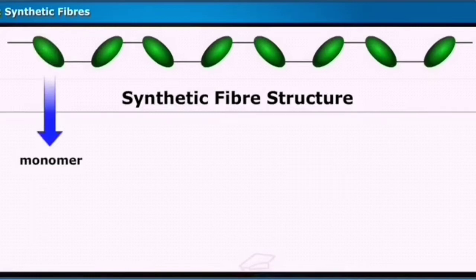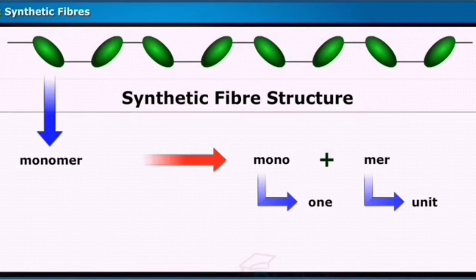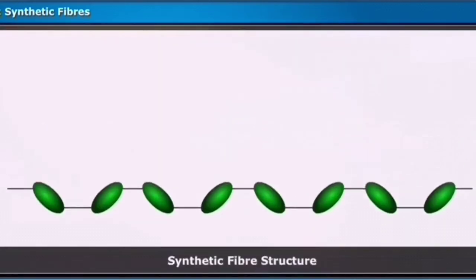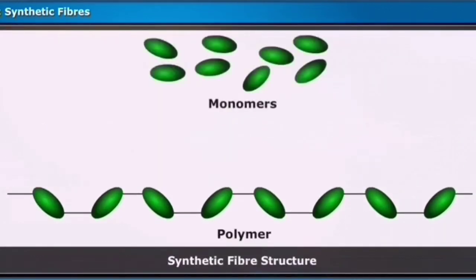The word monomer comes from two Greek words, mono and mer, which mean one and unit respectively. So a monomer is a simple unit of a given chemical molecule. Many such identical simple units called monomers combine to form a large unit called polymer.